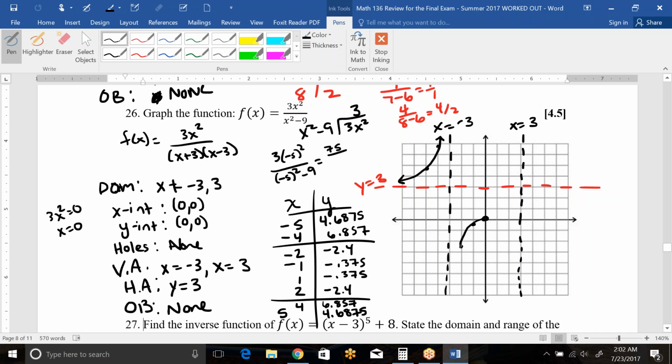So it looks like this is headed down. +1 is kind of mirroring that. And then we get kind of a mirror image over here as well for the other side. So we are at 6.8 something for +4 and 4.68. So there's our graph, and that is going to be the end of part 3 because that is the end of the material we covered up to Unit 3.